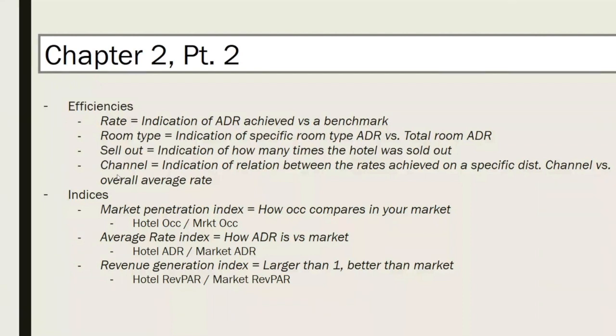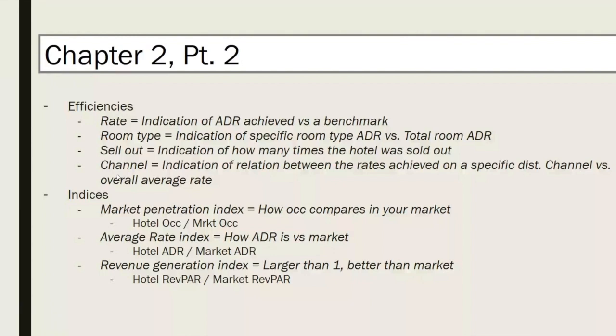So it looks at things like overbookings and no-shows. The more times you sell out, you can argue the more successful you are because you're selling all your rooms. However, the more overbookings you have, that's a negative sign. You can also monitor overbookings, because if you don't have a room for a guest, you have to turn them away and relocate them, and that comes at a cost.